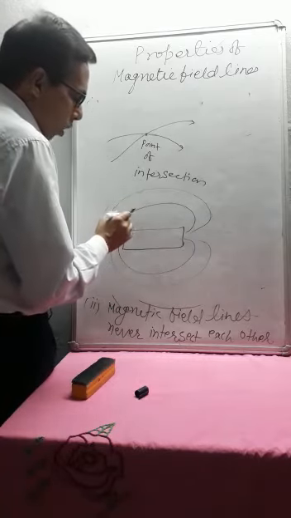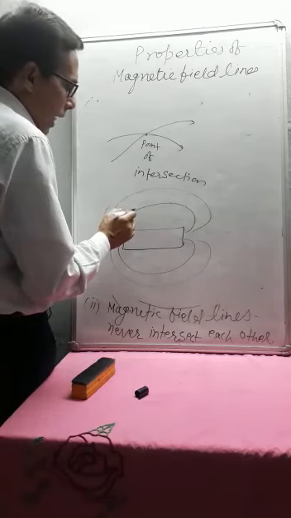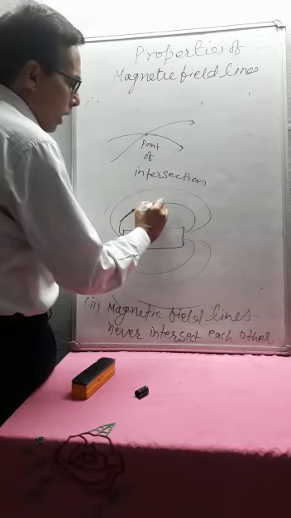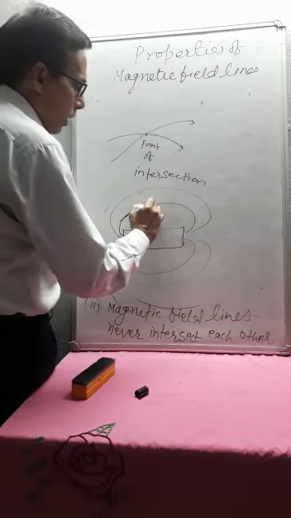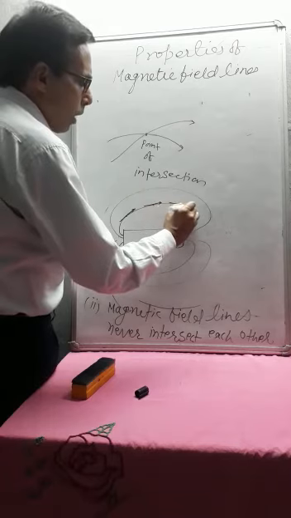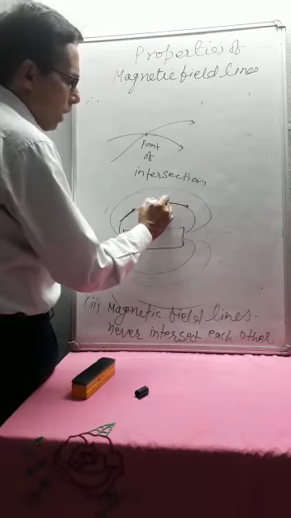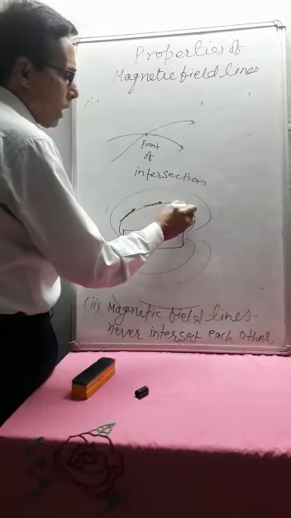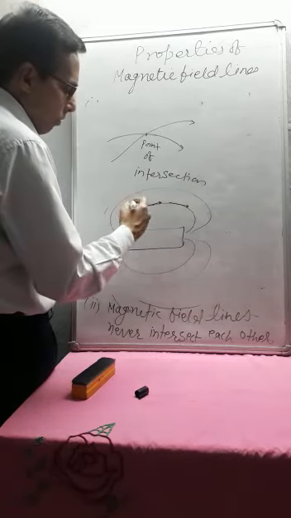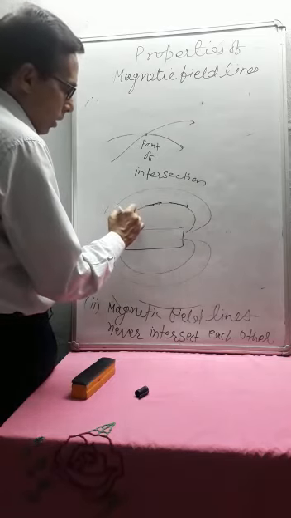The tangent drawn at any point on the magnetic field line gives the direction of magnetic field. At this point, the direction of magnetic field is like that. At each and every point the direction of magnetic field changes. How can you find out the direction of magnetic field? By drawing the tangent at that point.